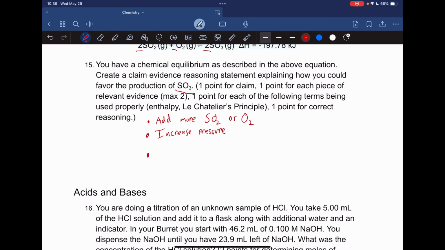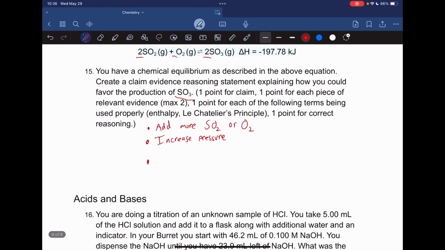And finally, this is an exothermic reaction, which means if you think about it in the reverse direction, heat is needed to be added to go backwards. So if we remove the heat, it can't go back as much. It cannot do the reverse direction as well because there's no heat.